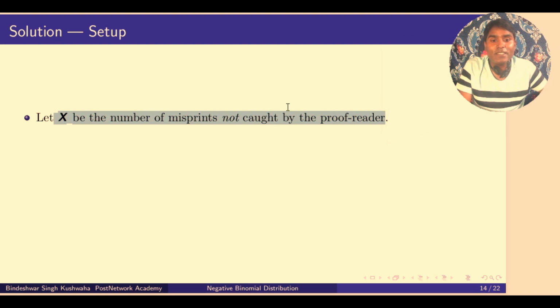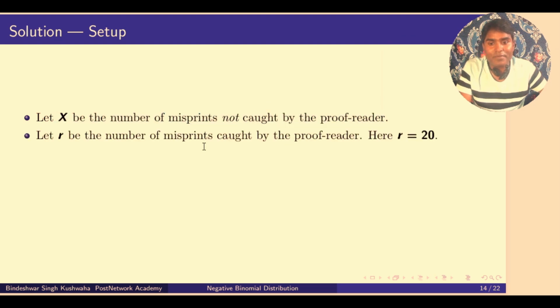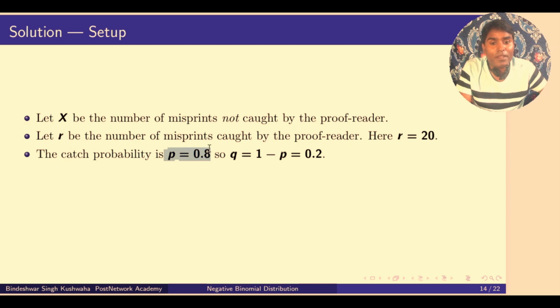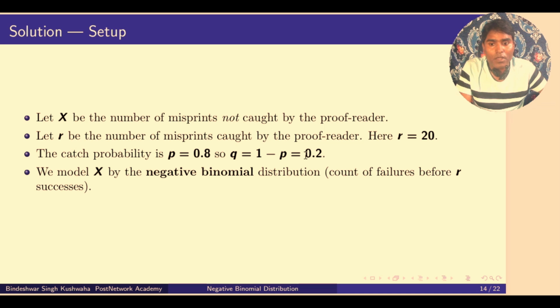Let r be the number of misprints caught by the proofreader, so r is 20. p is already 0.8, so q, 1 minus p, is 0.2.